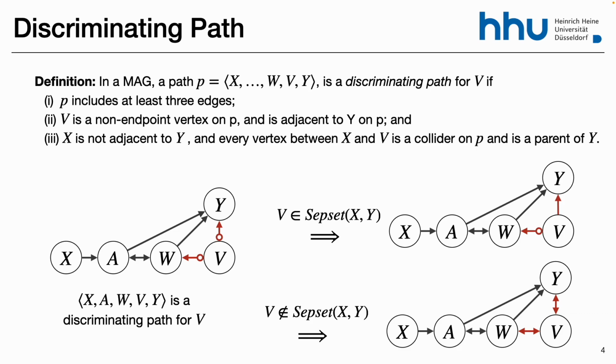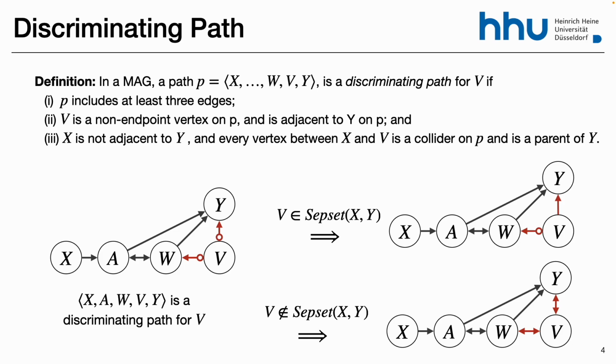You will see at least two applications in this lecture. But for now, it's given. I'm giving you the whole graph, and you identify if it's a discriminating path by checking if it's a collider path where all the colliders are parents of Y, and then the variable V has only one way of behaving because of this pattern.